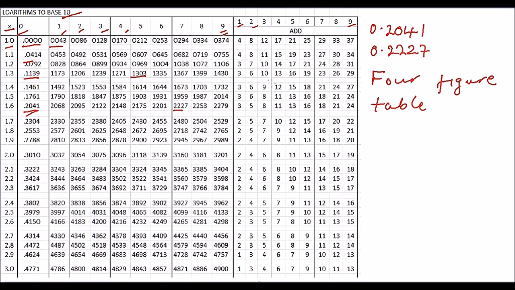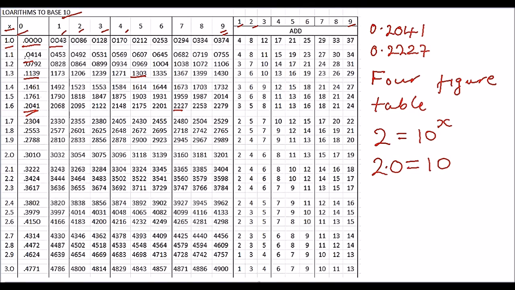So let's look at the logarithm of a number like 2. Let's say 2 should be equal to 10 to power x. Now, instead of doing our calculation the way we have been doing, we are able to get the 2 to the powers of 10 from the table.